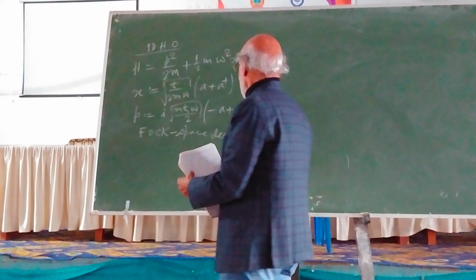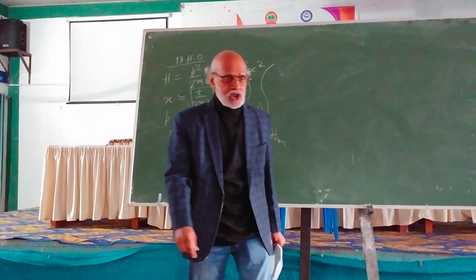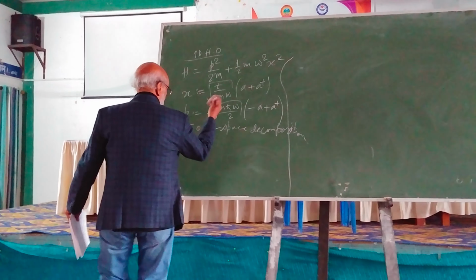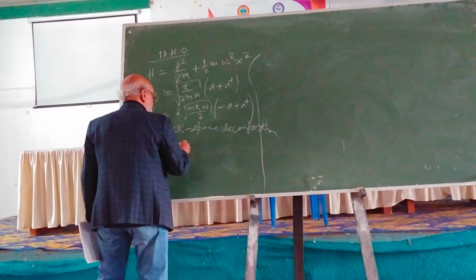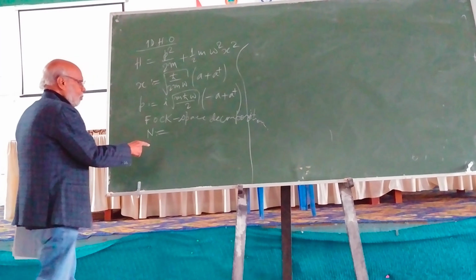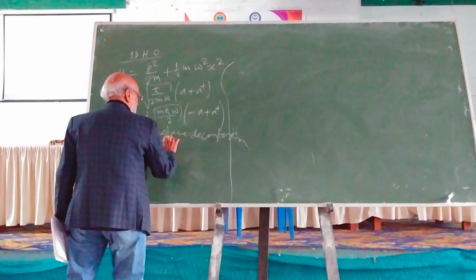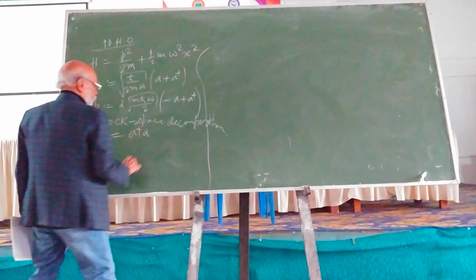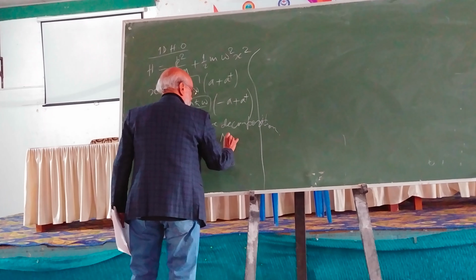After a couple of minutes, I would tell you why they are called annihilation and creation operators. Okay, and Fock is the name of a physicist, or maybe a mathematician. So a couple of minutes later, I would define a capital N, which is the product of A dagger A, and this I would call the number operator.